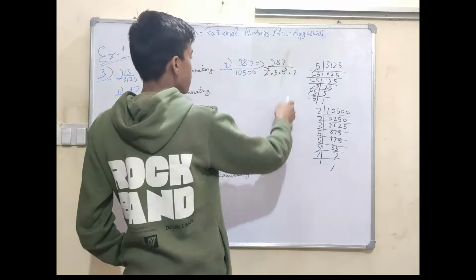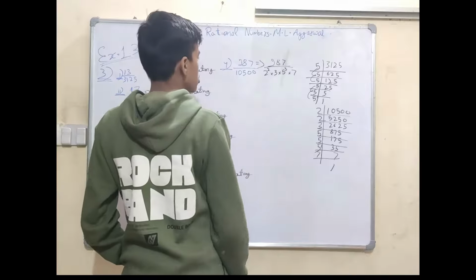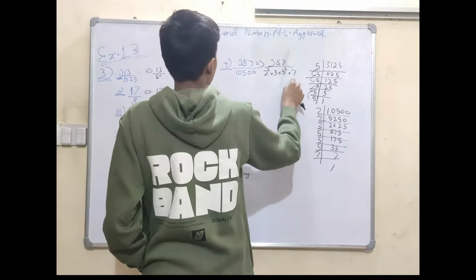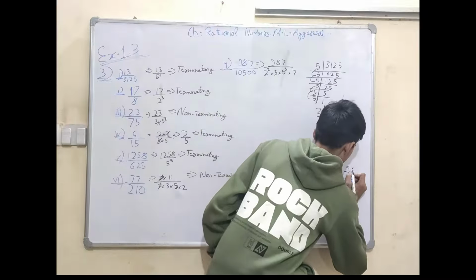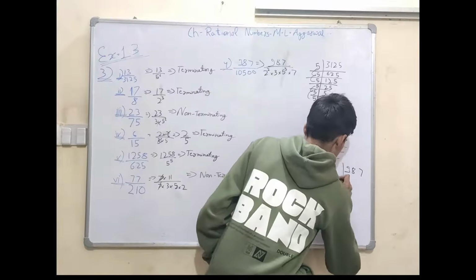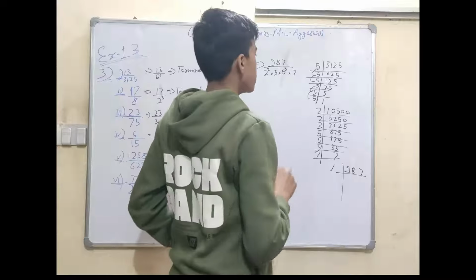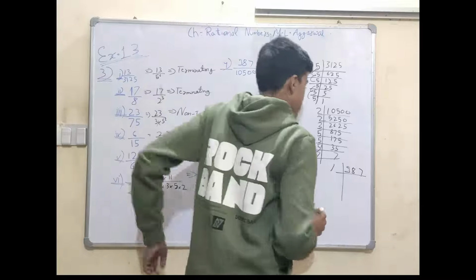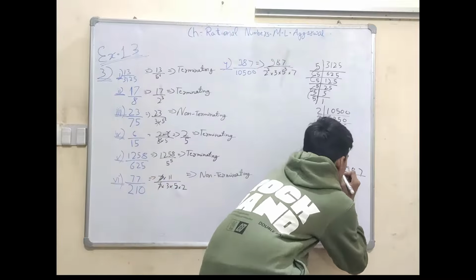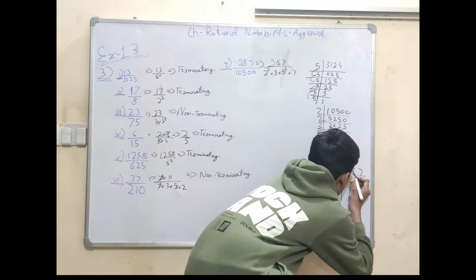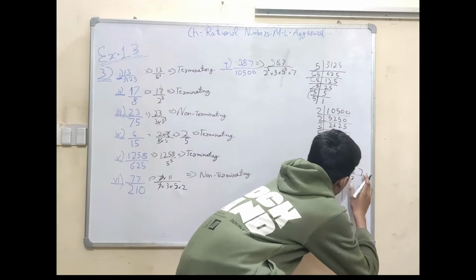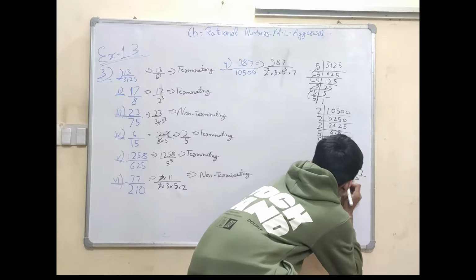So now we need to factorize 987 also, because maybe 3 or 7 gets cancelled. So 987. We need to cancel 3 and 7, so we will start dividing it by 3. 3 3s are 9, 3 2s are 6, 2 left, 27, 9, 329.